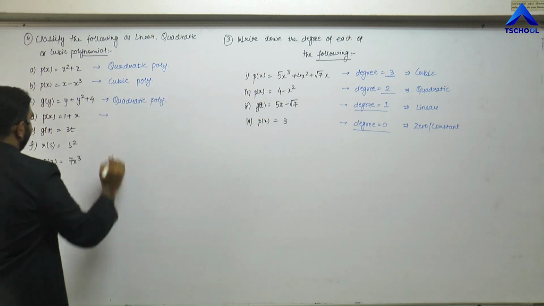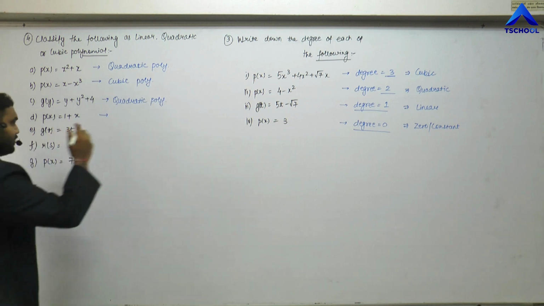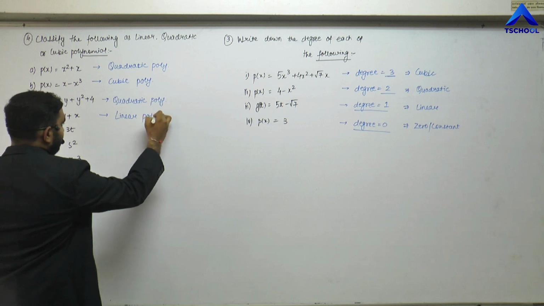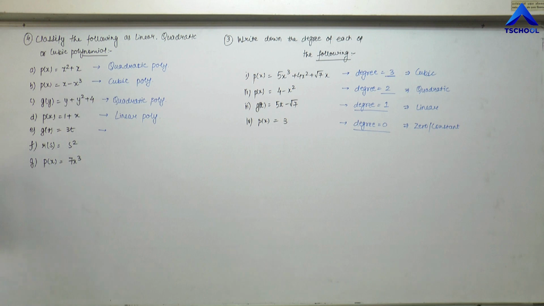In the fourth question, there are again two terms, one is 1 and the other one is x. 1 is a constant term because it has none of the variables present, and the other one is x. So the highest power between these two is 1, and hence it is a linear polynomial, right? The fifth one, g of t is equals to 3t.